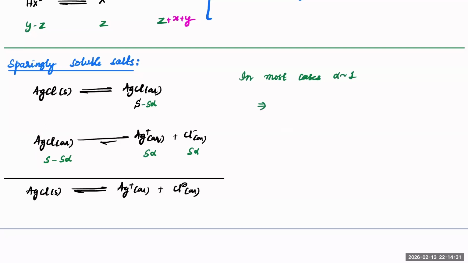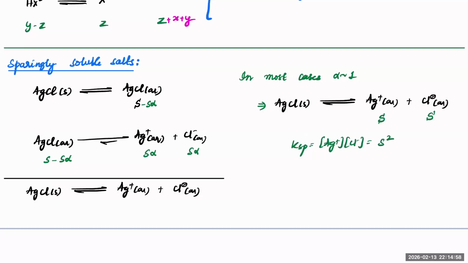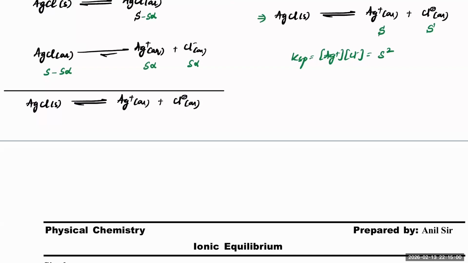So if alpha is equal to 1, then AgCl solid is in equilibrium with Ag plus and Cl minus, and the concentration will remain S and S. And that is what we define as the solubility product, which is Ag plus concentration into Cl minus concentration, which is S square. That's how we can figure out the solubility product.